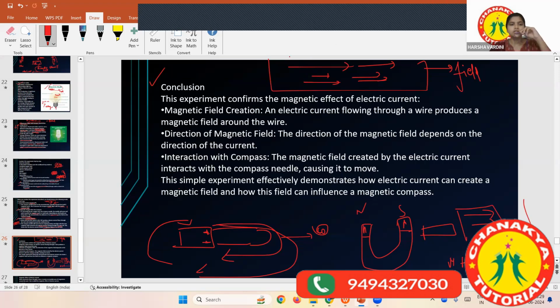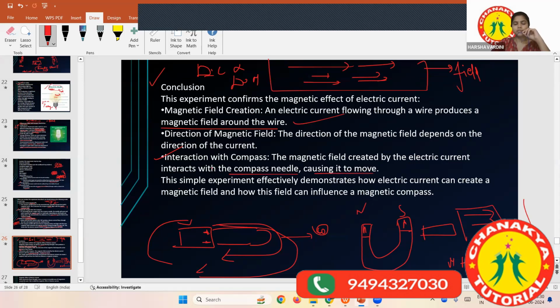Magnetic field creation: an electric current flowing through a wire produces a magnetic field around the wire. Direction of the magnetic field obviously depends on the direction of current. So you have to remember, the direction of current is directly proportional to the direction of the magnetic field. When you change the direction of current, the magnetic field also changes accordingly. Interaction with compass: the magnetic field created by the electric current interacts with the compass needle, causing it to move.